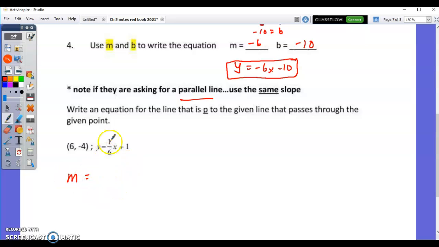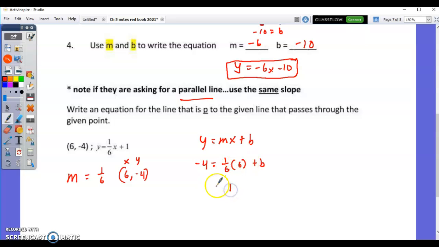So in this problem, I'm going to use 1/6 as my slope, and I'm using (6, -4) as the point that it goes through. So remember, y equals mx plus b. The only thing I don't have is my b right now. So here's my x, here's my y. So I can say -4 equals 1/6 times 6 plus b. 1/6 times 6 is going to be 1 when you type that into your calculator.